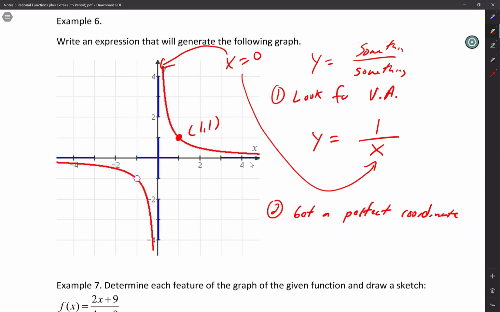Now I'm going to explain that because I know some of you are saying, what are you talking about? So don't write this down, just listen, guys. If I had a y value of 5, if that was 1, 5, then when x is 1, the y value has to be 5. Well, how do I get the y value to be 5? 5 divided by 1. So if I had a coordinate at 1, 5, that numerator would be 5.